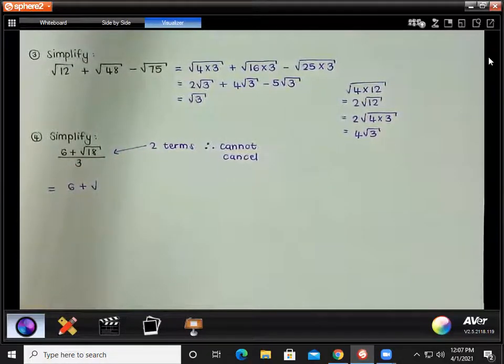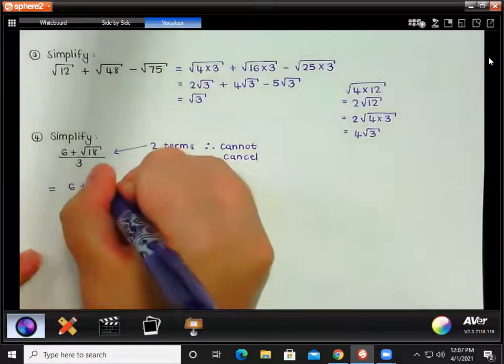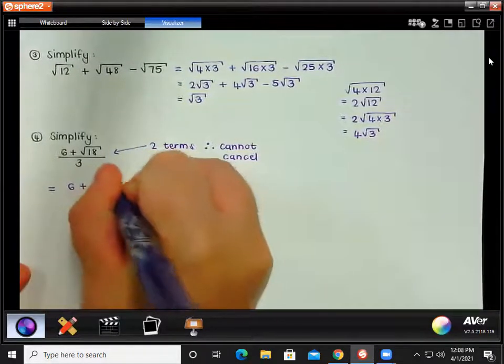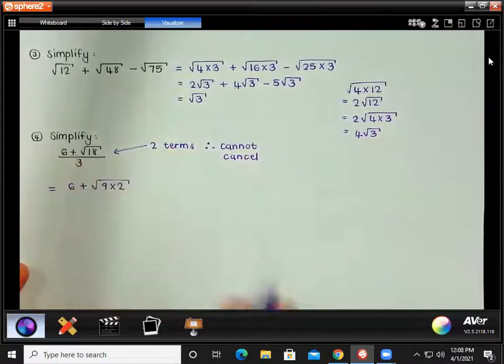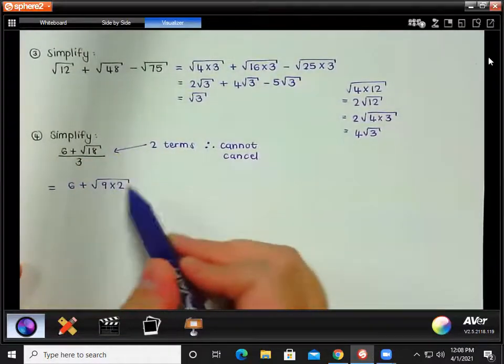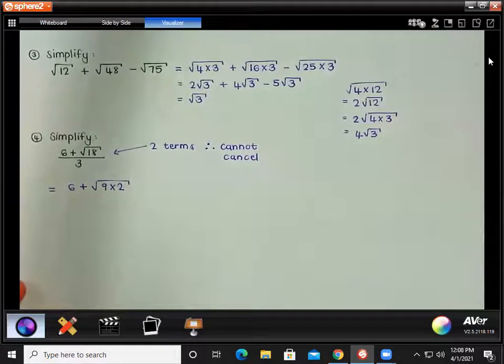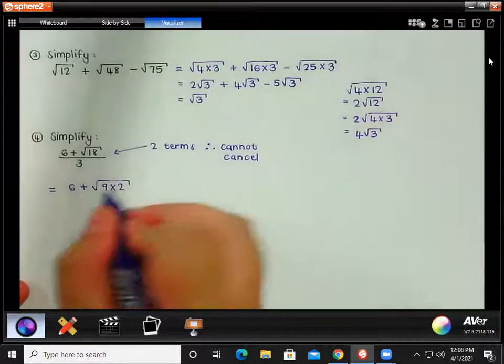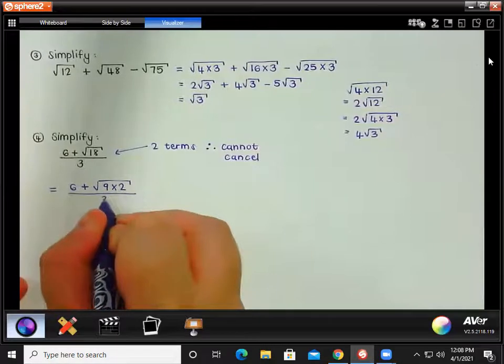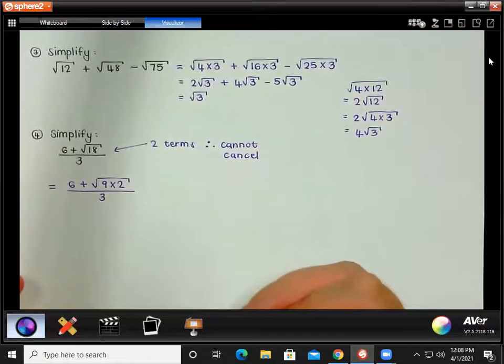Product of which 2 numbers will give me 18? 9 and 2. So I can write that as 6 plus the square root of 9 times 2. And remember, guys, you have to show that step to prove to me that you're not using your calculator. And that is then all over 3.